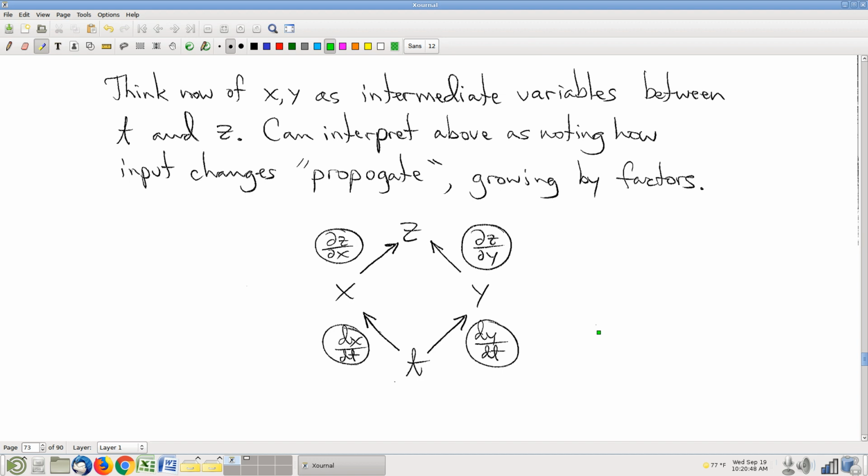But as an interpretation, I like this point of view about intermediate variables. The intermediate variables in this scenario being x and y, and you can think about how changes in t can cause changes in z in terms of how those changes propagate through the intermediate variables. Right?